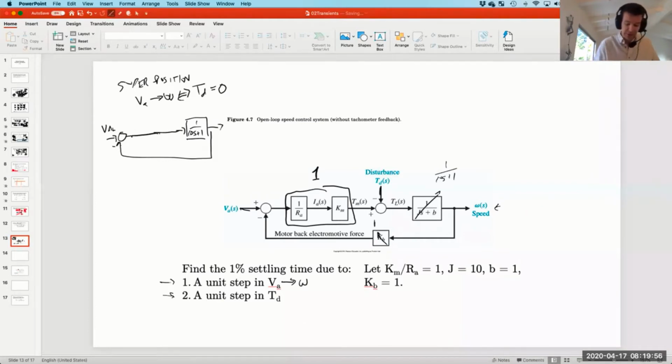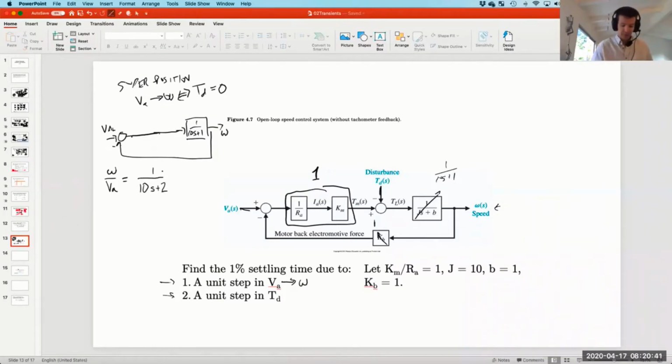And so I get this picture. If I just want the effect of V_A on omega, this is the equivalent block diagram, which means I can use my feedback reduction rules to say that the transfer function from V_A to omega is top over 1 plus top times bottom. And I think that we're going to get something like this out of that.